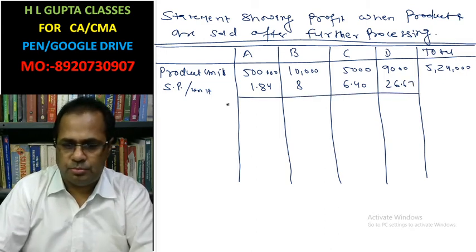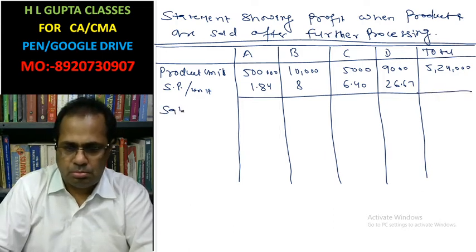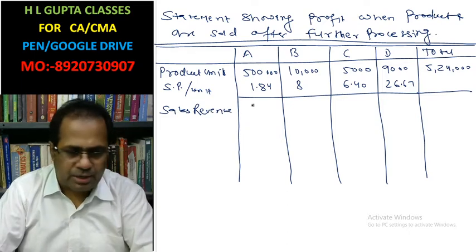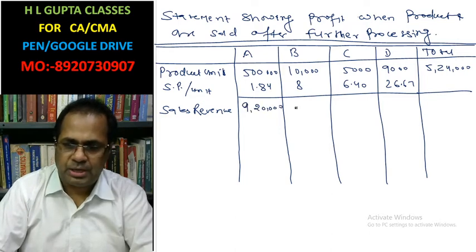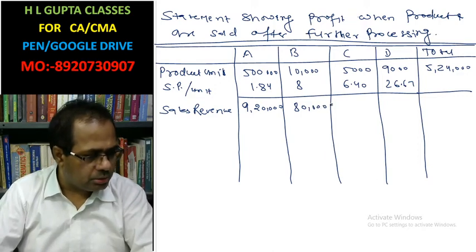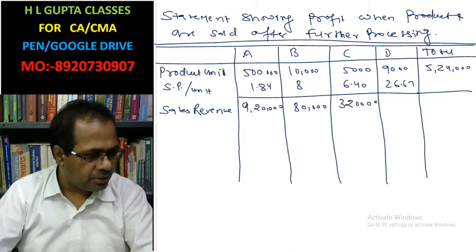Sales revenue. This is 9,20,000, 80,000, this is 32,000, 2,40,000.